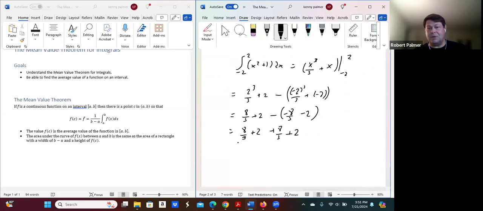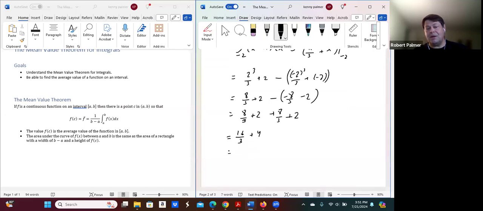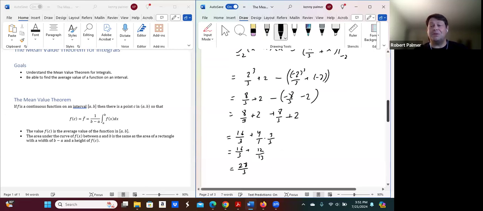Okay, and so we just have to combine those, and so it's going to be 16/3, and write this as plus 4, and let's write 4 as something over 3, and so 16/3 plus this is 12/3, and then finally that's going to be 28/3, which doesn't reduce. And remember, that's not our final answer, that's our integral.